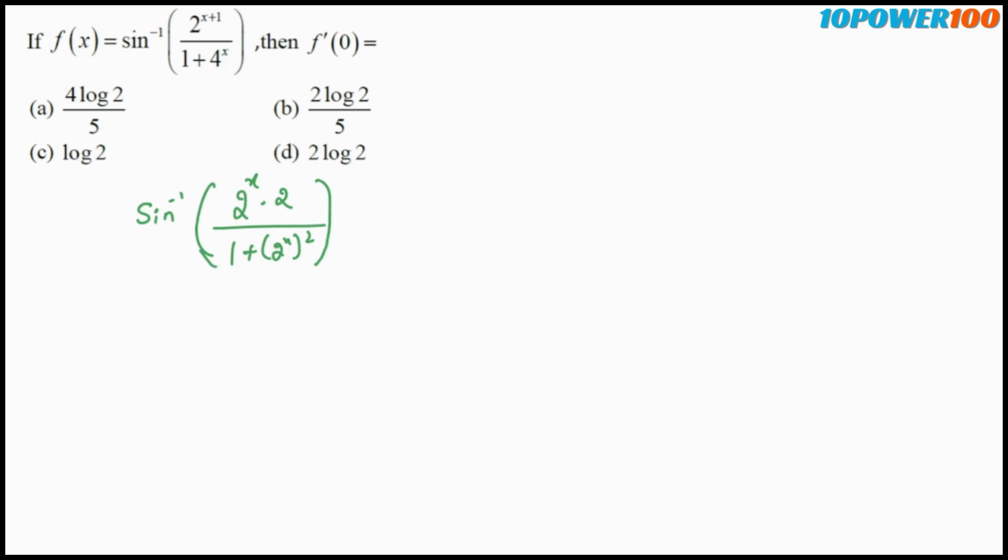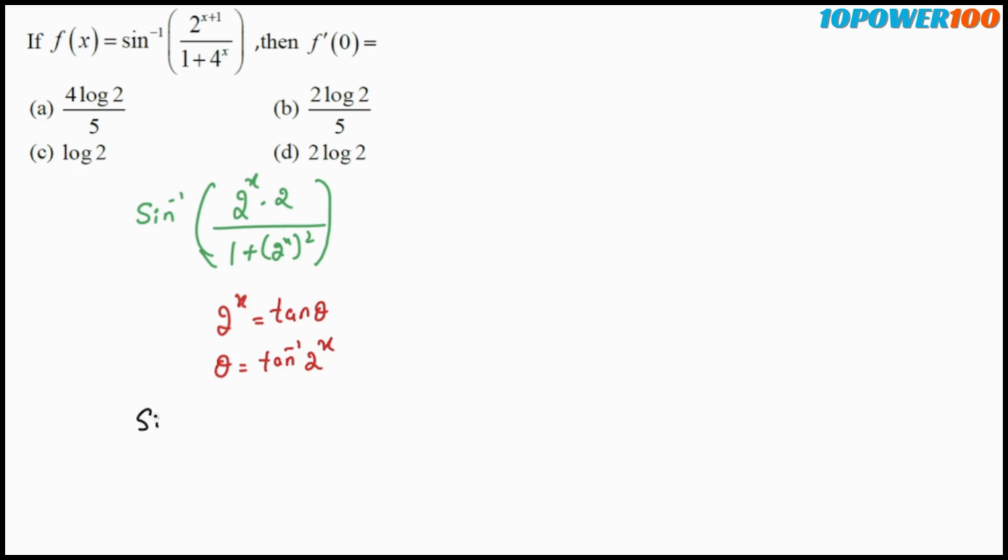Now there is a substitution for 2 power x. Let 2 power x be equal to tan theta. Then theta is equal to what? Theta is equal to tan inverse of 2 power x, a very important term for us.